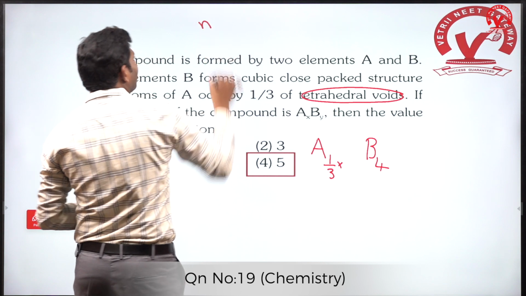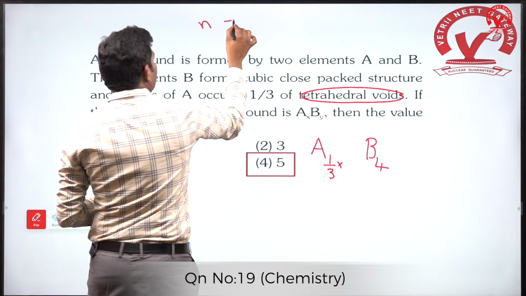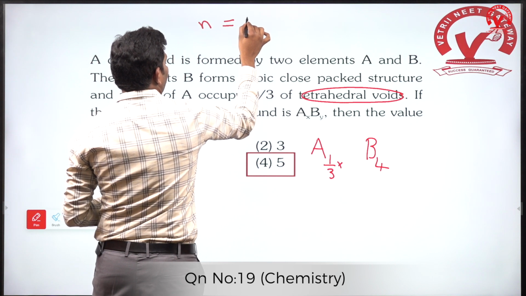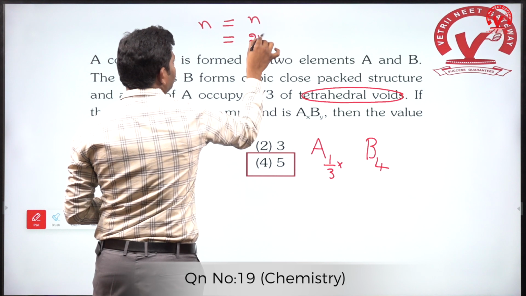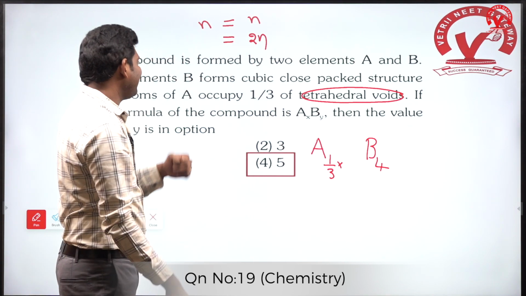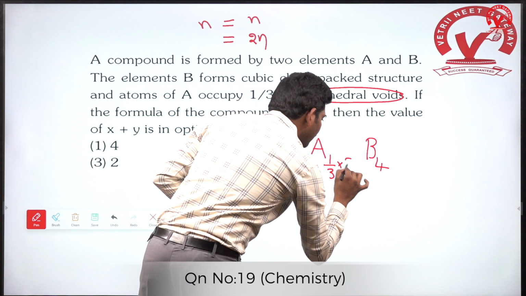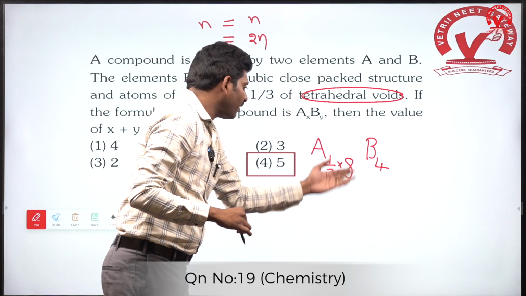The formula is there: if n is the number of atoms, the number of octahedral voids is equal to n, and the number of tetrahedral voids is equal to 2n. So the number of atoms is 4, so the tetrahedral voids are 8. It is 1/3 of 8.